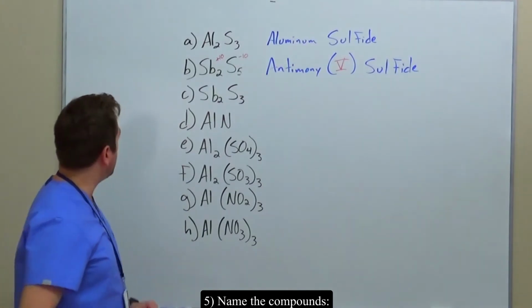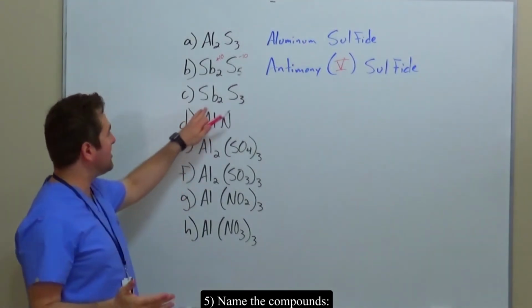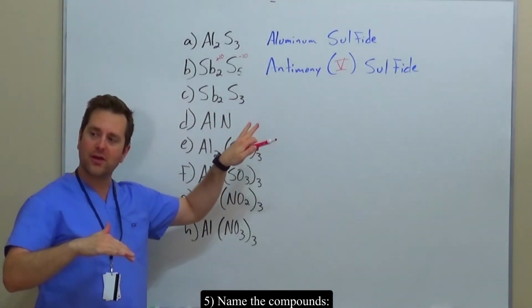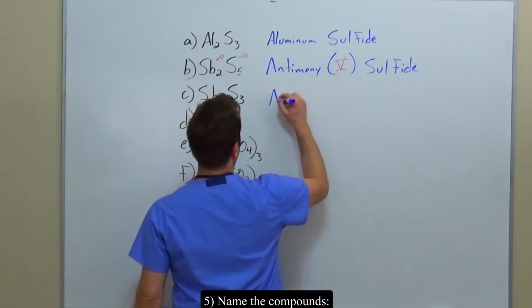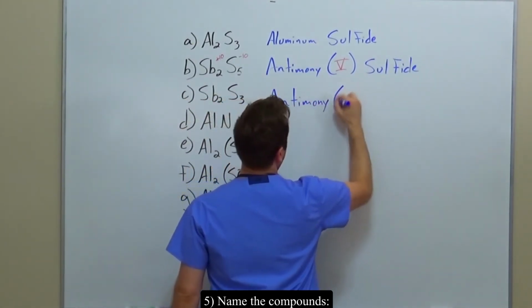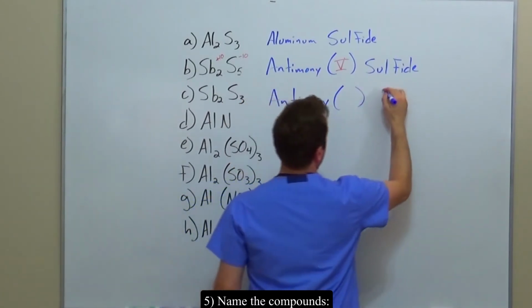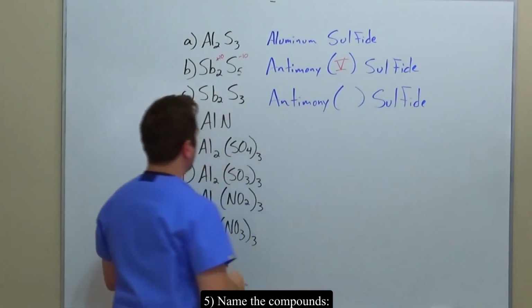All right, what about the next one? Again, it's antimony. It's basically the same thing, except it's a different form of antimony. It's going to have a different oxidation number. So I'm just going to go ahead and do what I did before. I'm going to write antimony, and of course I'll include my parentheses, and sulfide. Okay, now let's get in and do the work.